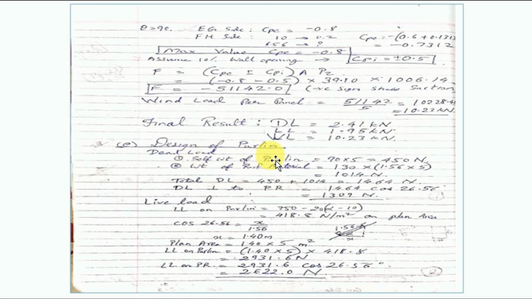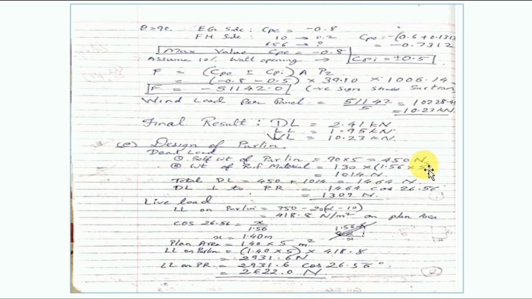Now we are designing a purlin. For designing a purlin, we need all the loads on purlin. So first we are getting dead load. Self weight of purlin will be 90 into 5, 90 from the IS code 875 part 1 page number 18.